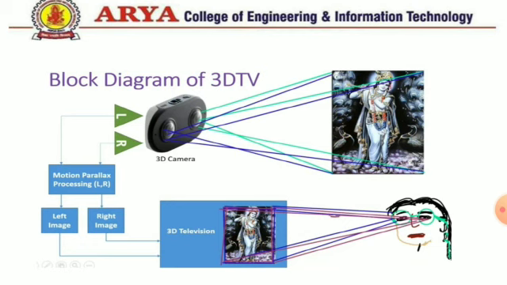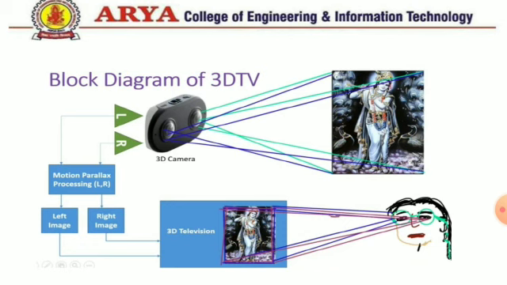So two signals are at the output of the camera, and we give those two signals to motion parallax processing, and then we give them to the left image and right image, and these two signals are again given to the 3D television, where we find 3D images appearing.